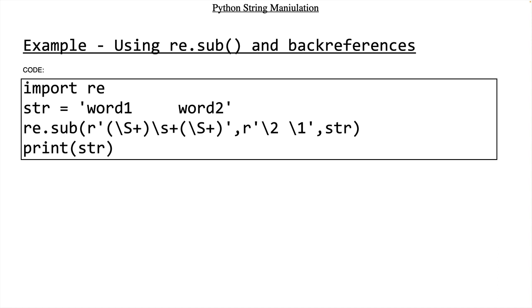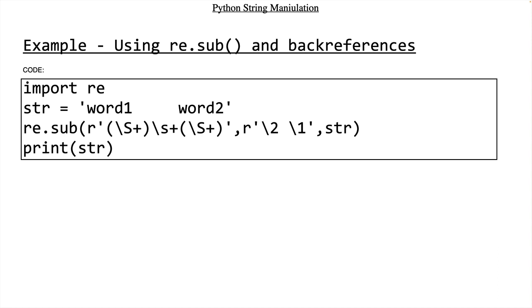The stuff we remember in the first set of parentheses, we can reference as \1 in the case of the sub method, and then the second match we can refer to as \2. So do the match and then replace it with those back references and then print out the result.